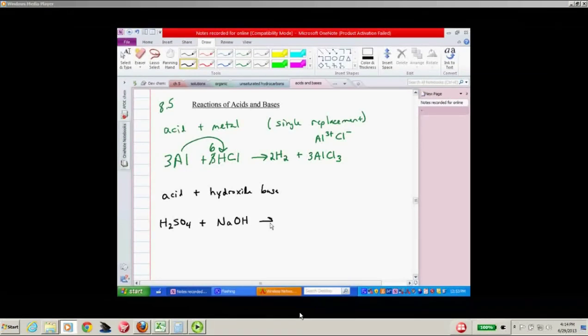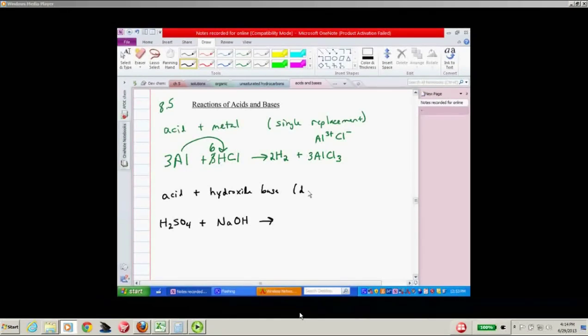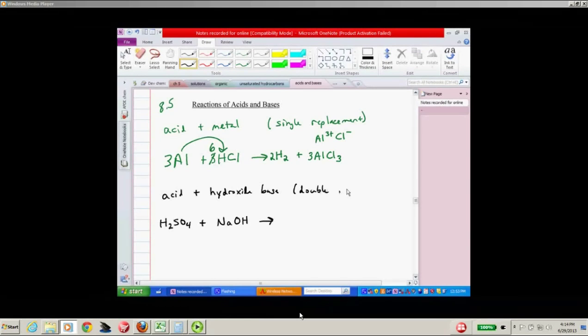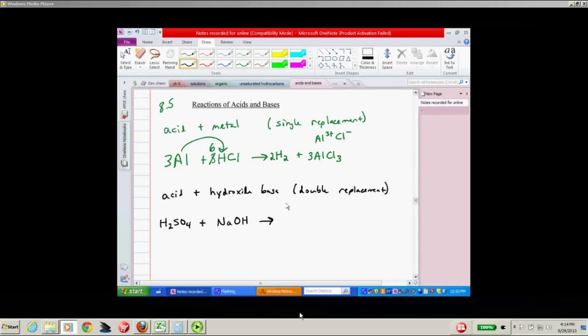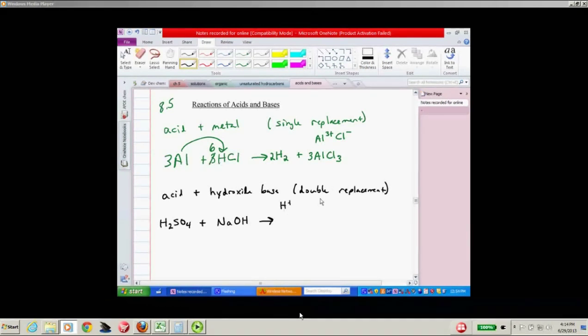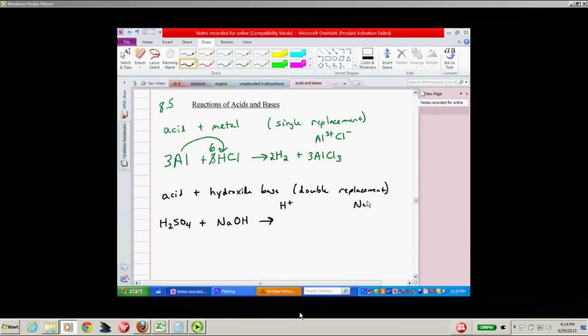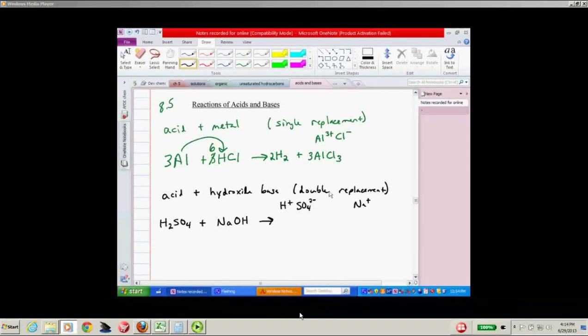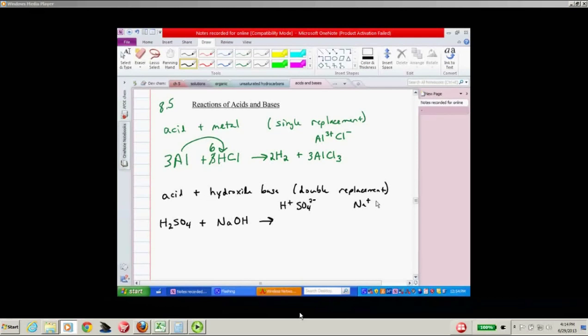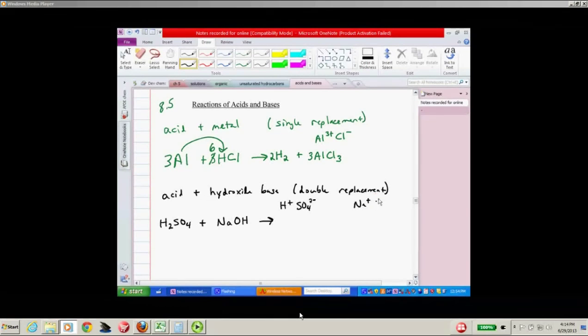So sulfuric acid and sodium hydroxide. So we have H+ and Na+, those are our two positive ions. Now H+ was with SO4 2-, so it's not going to be with it.